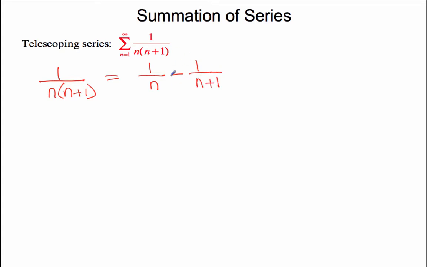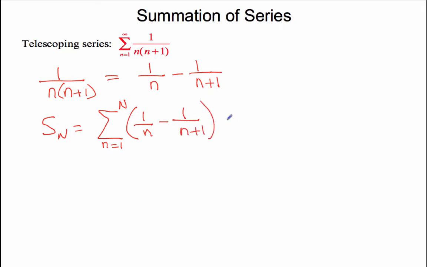You can just check this. Now, instead of considering the infinite series over here, I'm going to consider the finite series, which means that I will go only from n equals 1 up till capital N, and then I will put in 1 over n into n plus 1, which can then be written in this manner.